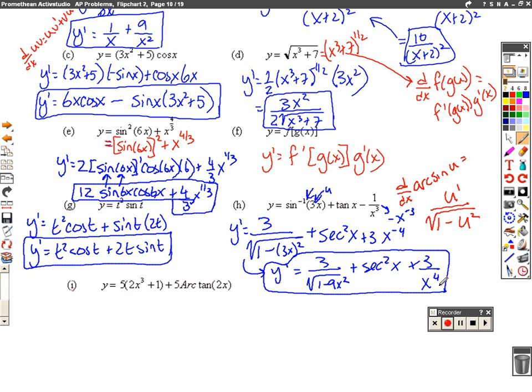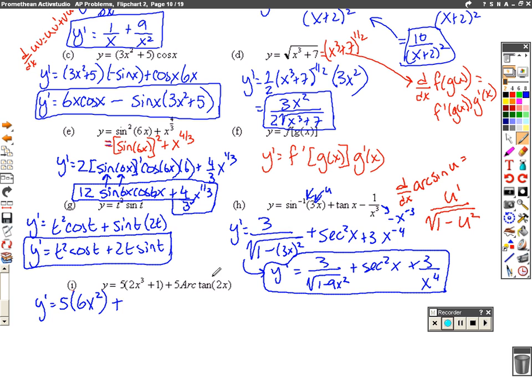All right, and last but not least, I. Just a little bit more complicated, same kind of stuff though. This is a constant multiple, so we can just keep it in our answer and take the derivative of the inside. Derivative of 2x cubed is going to be 6x squared.